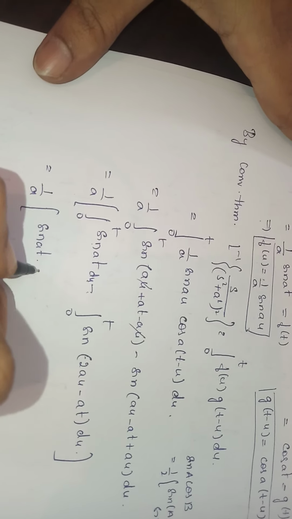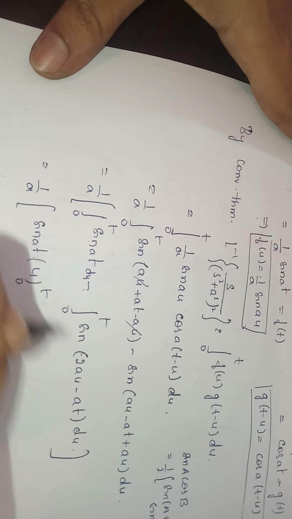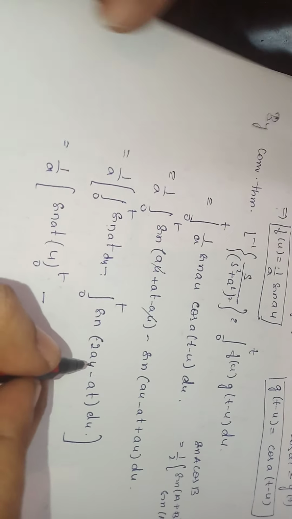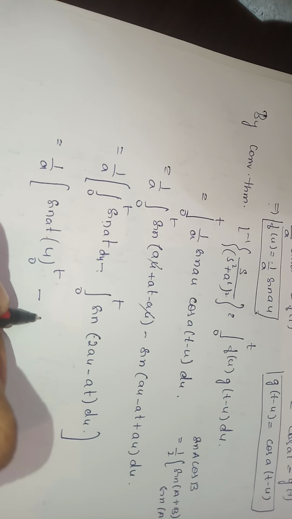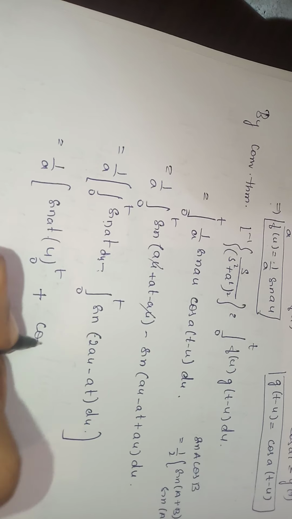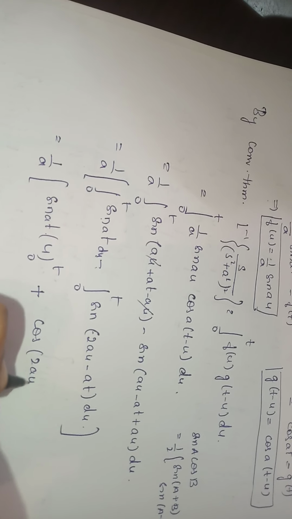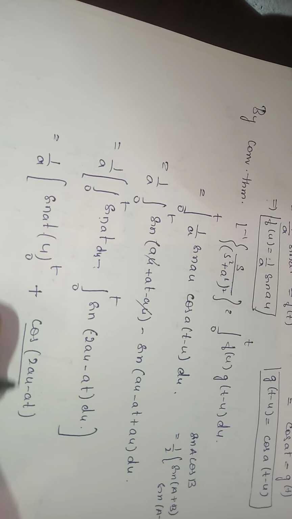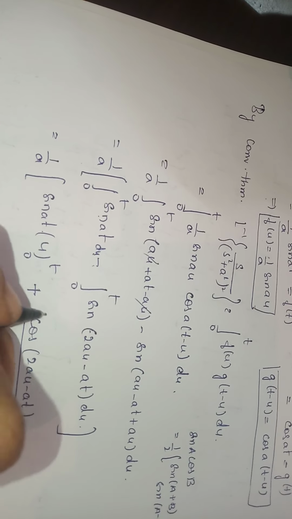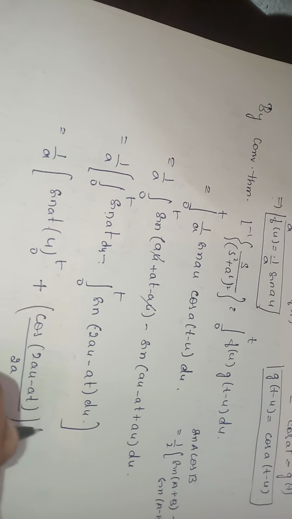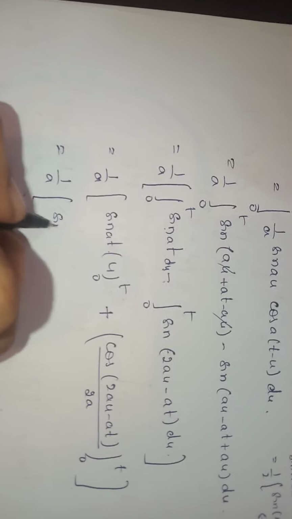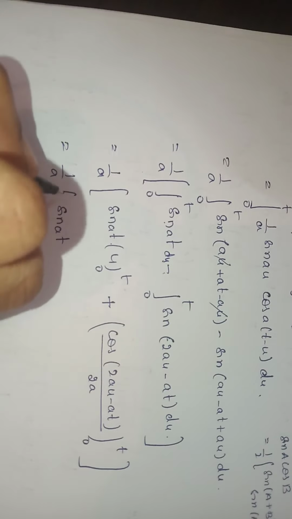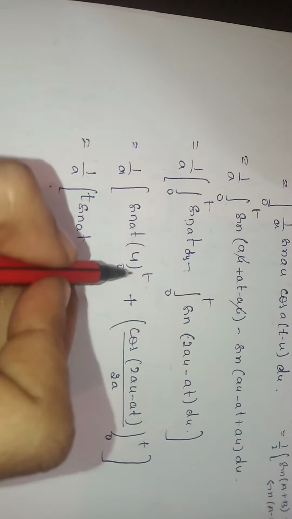Integration of du is u from the limits 0 to t, minus sine of, integration of sine is nothing but minus cos, so it becomes plus here, cos of (2au minus at), divide by the coefficient of u, that is 2a, from the limits 0 to t. So this is 1 by a sine at into t.